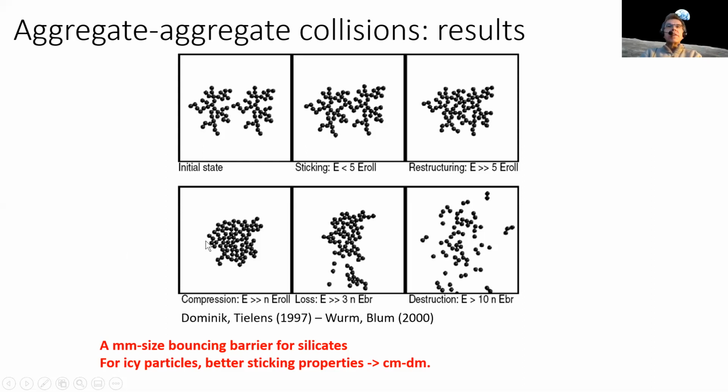But at some point, if the collision energy becomes too big, which means big fractal aggregates or big relative collisional velocity, then these aggregates start to lose chips and so don't grow anymore. And if the collisional energy is even bigger, then the collision can be catastrophic and the aggregates are dispersed into the individual monomers again.